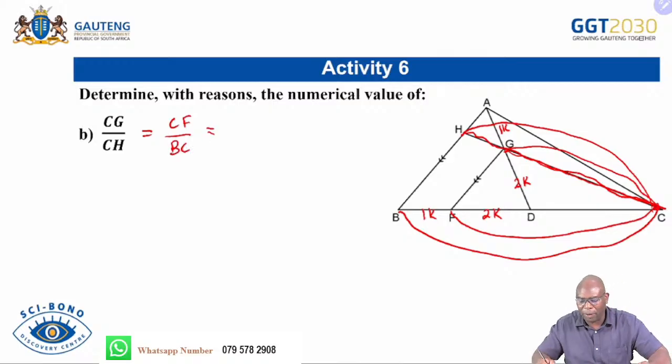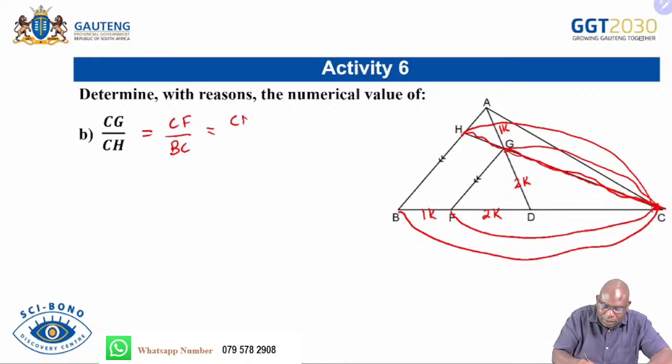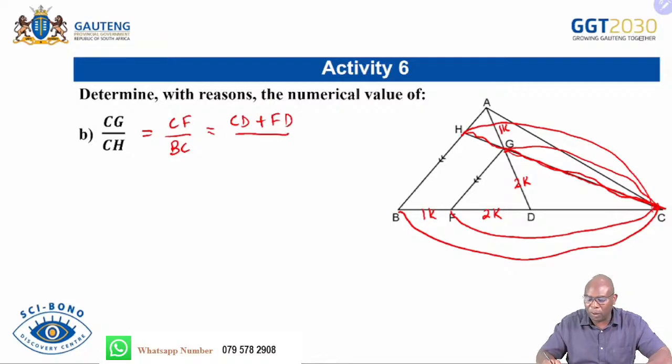But what do I know about the CF? My CF is going to be my CD, so remember, I need CD. I'm going to have CD, this line, plus FD, which will give me the whole length of CF.